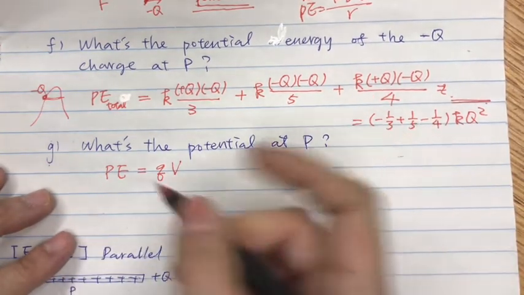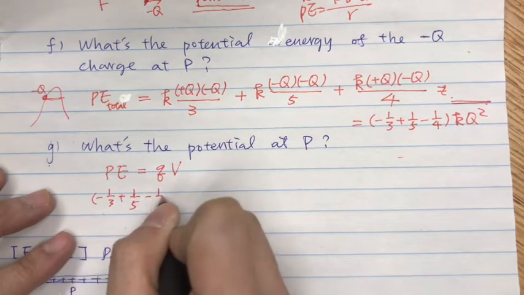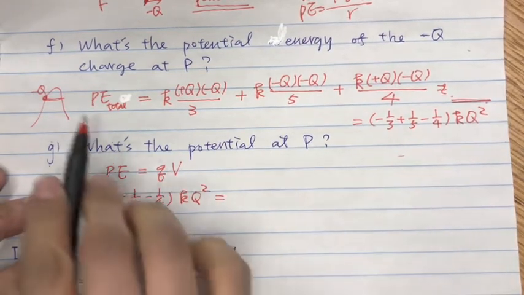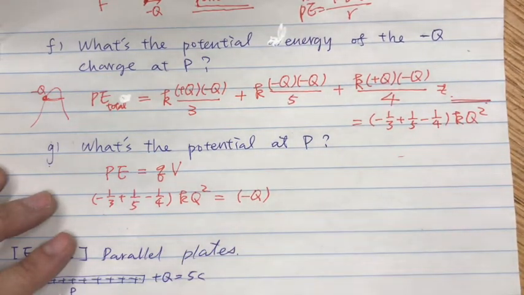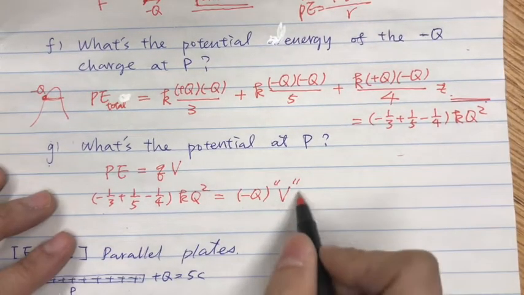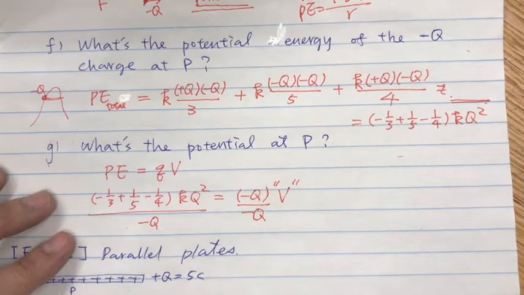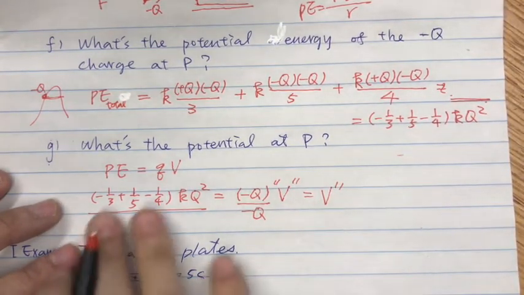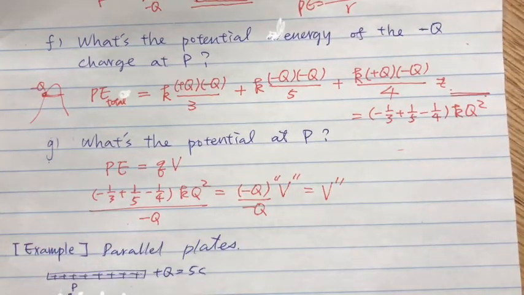Now I know my potential energy, it is this. And the charge that I put on, it was minus Q. And what's the V? I can just easily figure that out by dividing by minus Q on both sides. Okay, so this would be your answer. Please go ahead and simplify that by yourself.